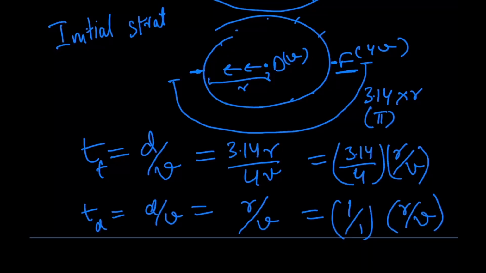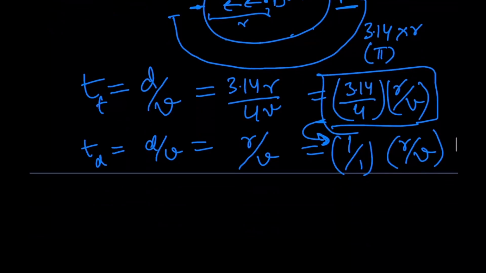And you can see that this value is less than 1, which means this value is less than this value. So the time for the fox is less than the time it will take the duck, and hence the fox will already reach there by the time the duck reaches there, and the duck will have no other choice but to have been eaten, right?